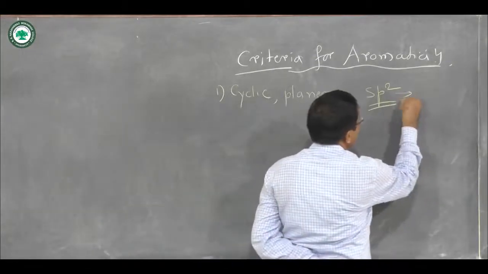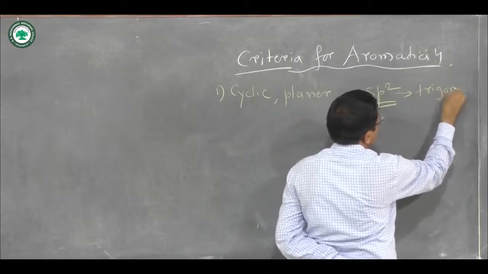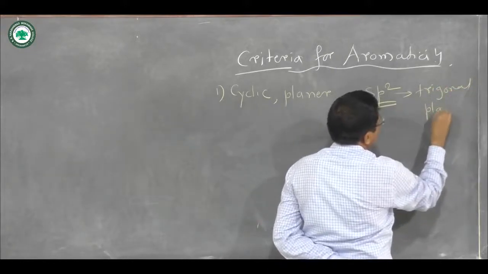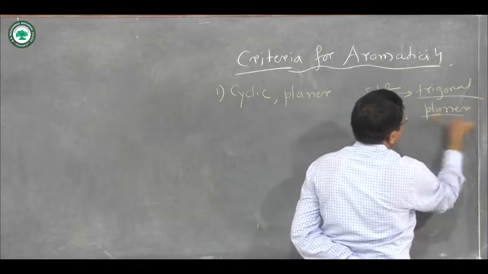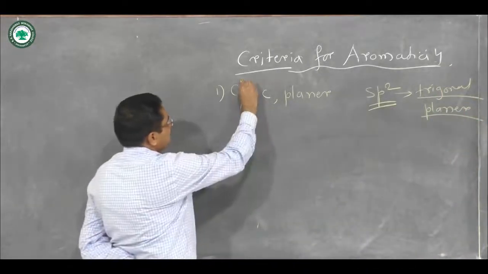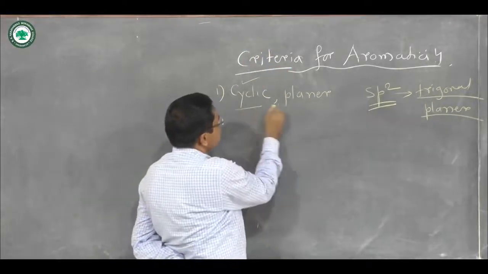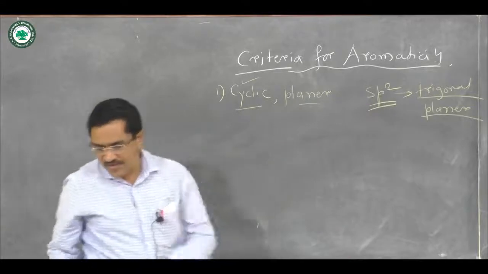An sp2 hybridized carbon atom has trigonal planar geometry. That's why the first criteria of aromaticity is this compound should be cyclic and planar.